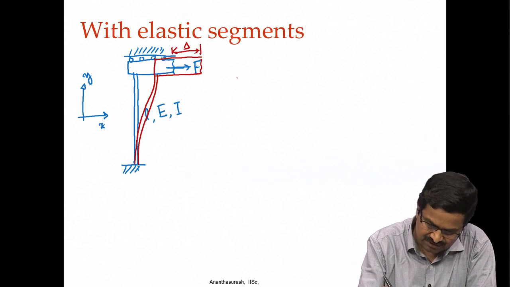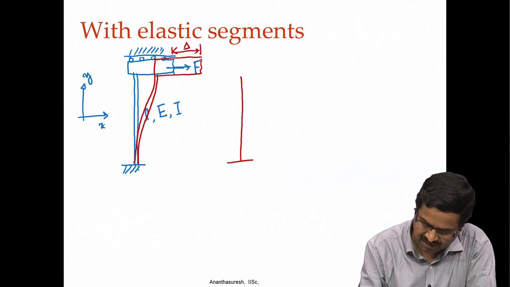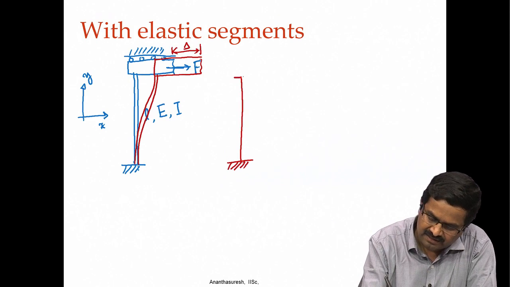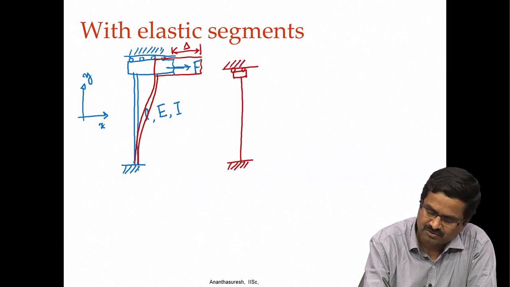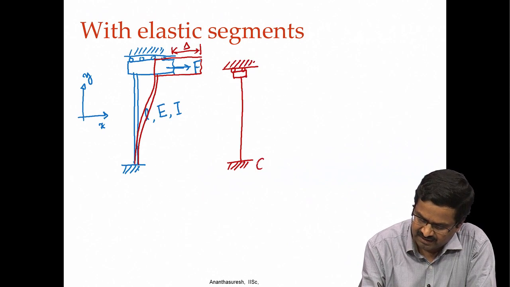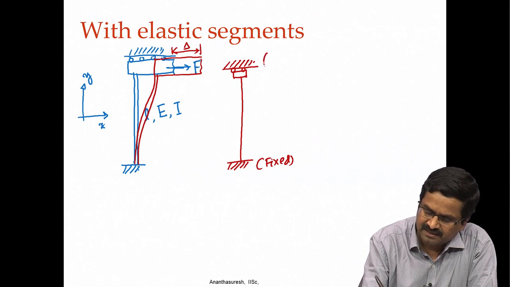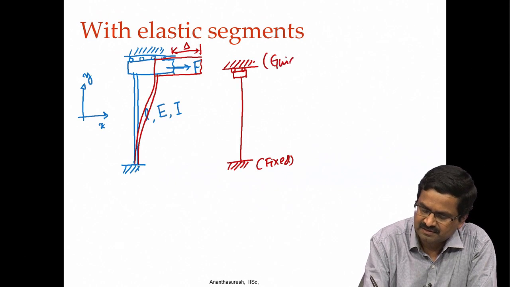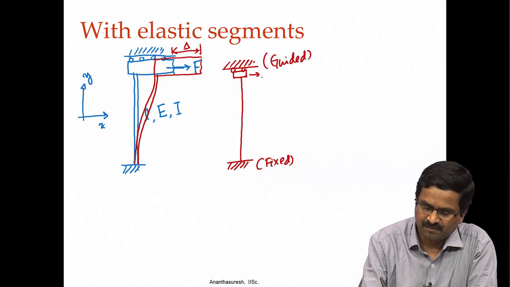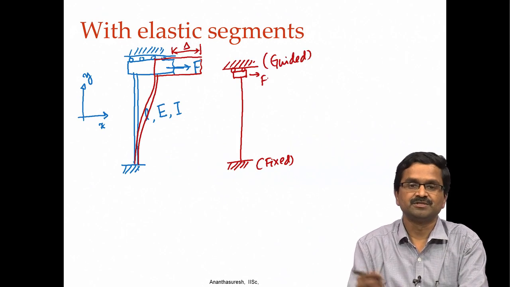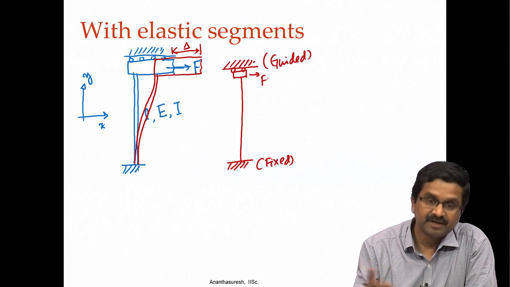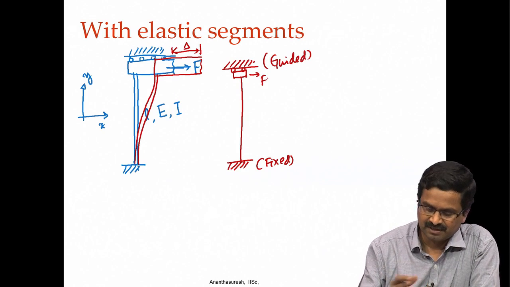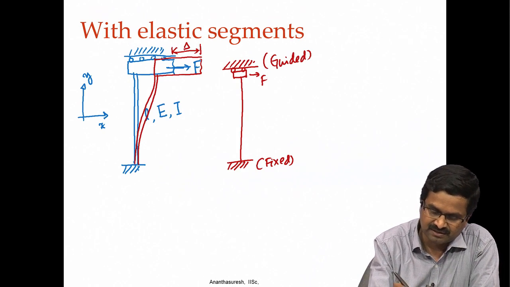So now if I just do the abstraction, I have a cantilever beam that is guided here. One end here is fixed, the other end here is guided transversely, it can move this way. When I apply a force here, I want to know how much it moves, right. Some of you may remember these formulas right away, that delta.